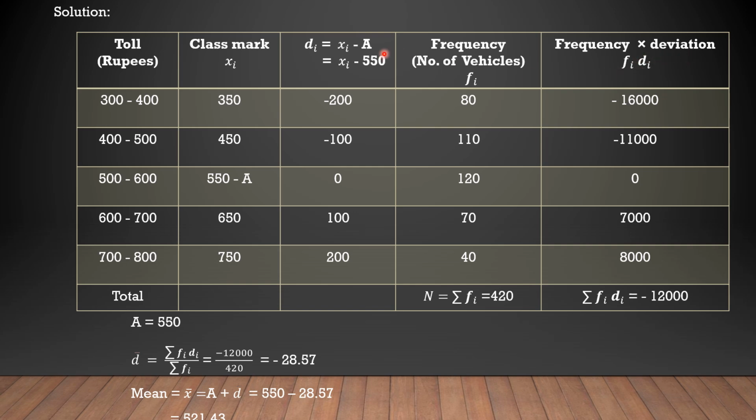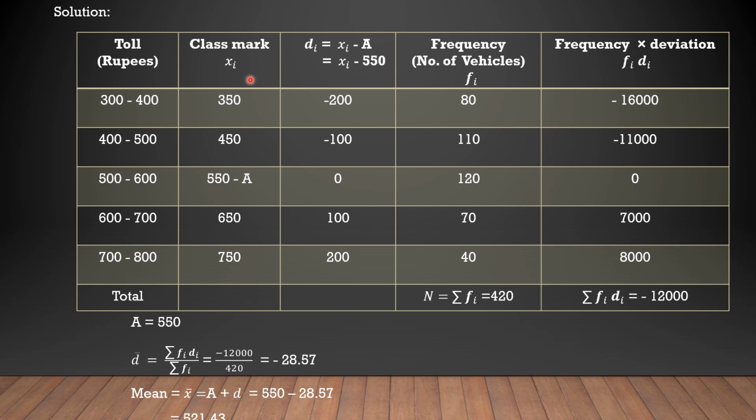So first given toll in rupees: 300 to 400, 400 to 500, 500 to 600, 600 to 700, and 700 to 800. Then number of vehicles 80, 110, 120, 70, and 40.